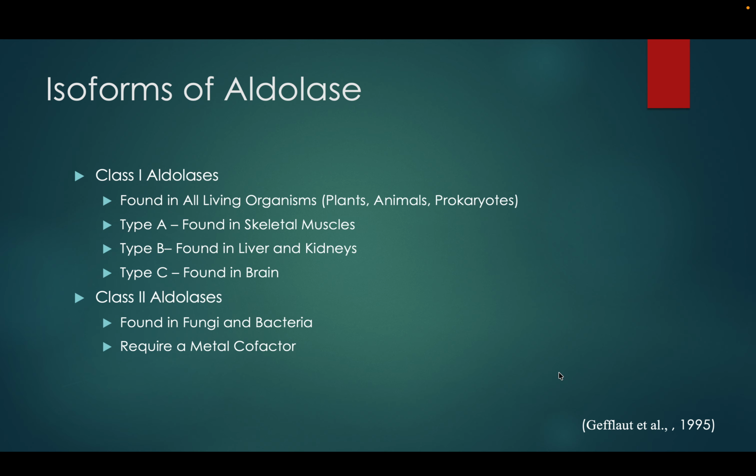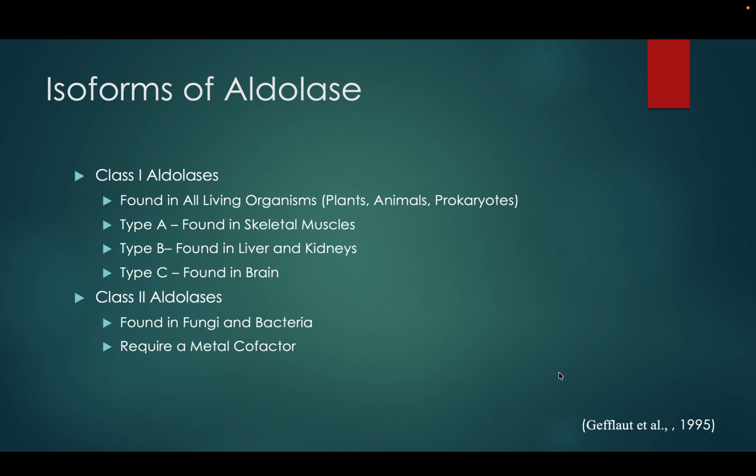So each of the different forms of aldolases are found in different areas of the body. The three different types are type A, type B, and type C. And each one of the different types is found in a different area and they all serve a different function. So type A is found throughout the skeletal muscle. Type B is found in the liver and kidneys.